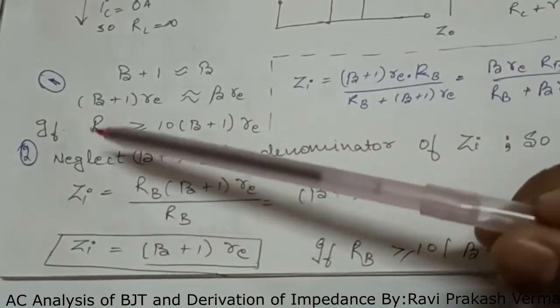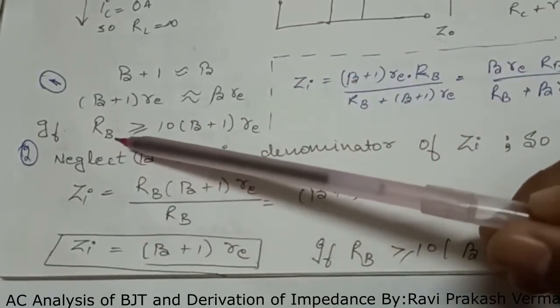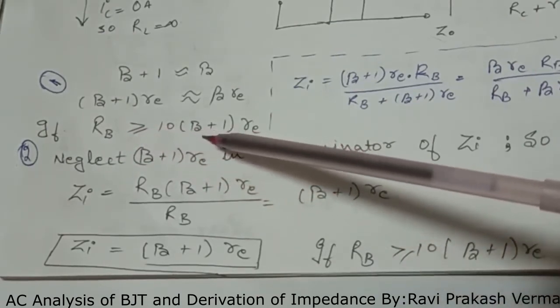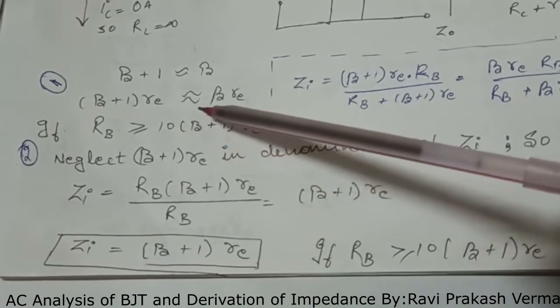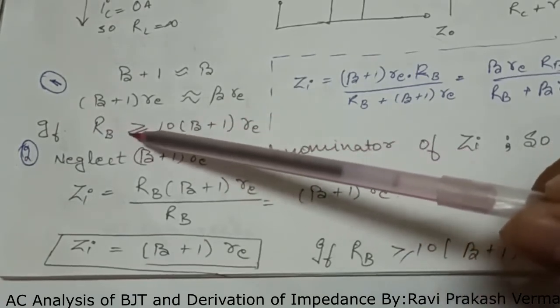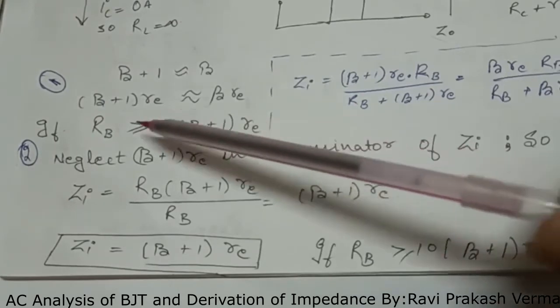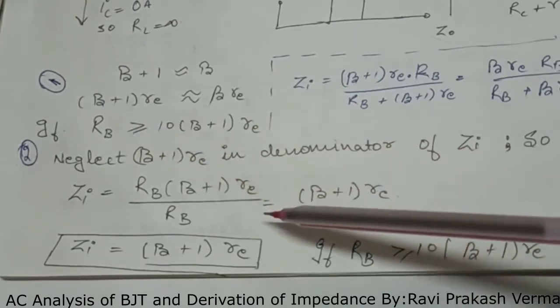Now in the second case, assume that the value of RB is greater than or equal to 10 times (beta plus 1) RE. Using this approximation, we neglect (beta plus 1) RE with respect to RB in the denominator.